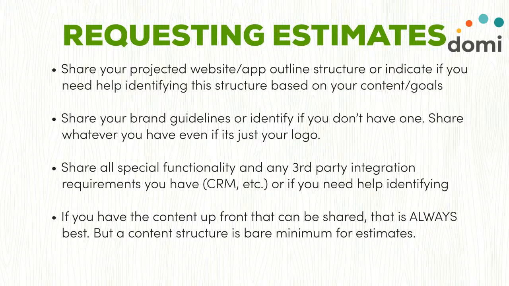So to touch a little on helping with estimates: when you're at this point, you have an idea of what you want, a website or an app, some idea about the functionality and your content. The more that you can share up front, like your website outline structure, the better. It could just be a paper outline, just bullets. It doesn't have to be anything fancy, but just something to help. And if you don't know, make sure to include that you want help in identifying that.